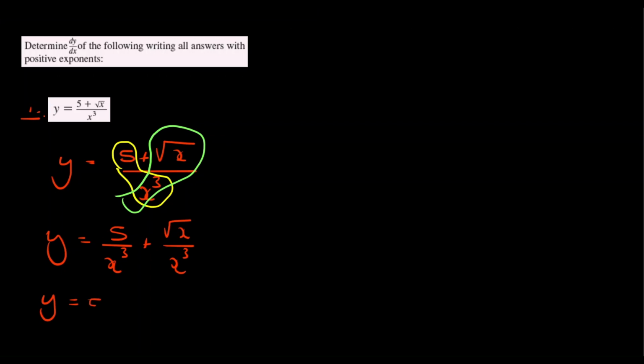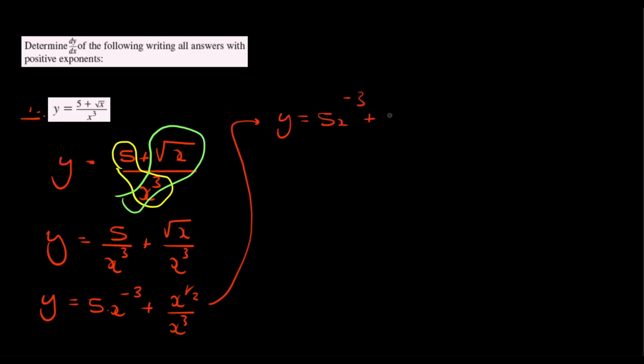So what you could do here, we can say 5, bring the x cubed to the top, it will be negative cubed. Plus, at the top we have x to the 1 over 2, and we have x cubed at the bottom. So we can rewrite this as y is equals to 5x to the negative 3 plus, by laws of exponents, it will be 1 over 2 minus 3, because exponents at the same base are dividing, so we keep the base and subtract the exponents.